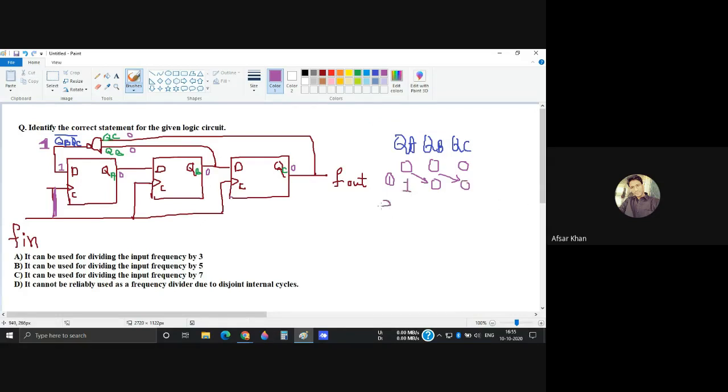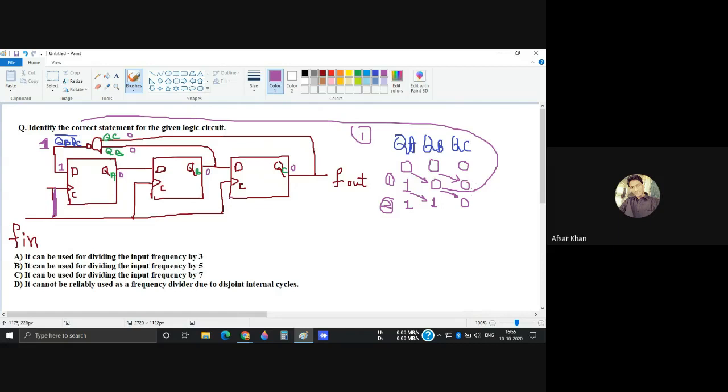Now after the next clock cycle, this 1 is propagates here and this 0 propagates here, and now this 0 and 0 becomes 1. QB and QC go to the NAND gate and it becomes 1.